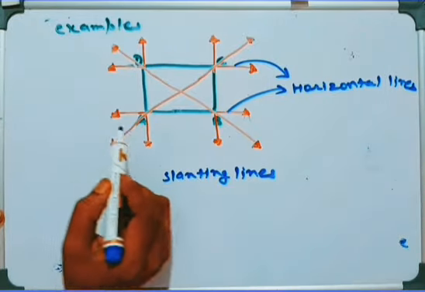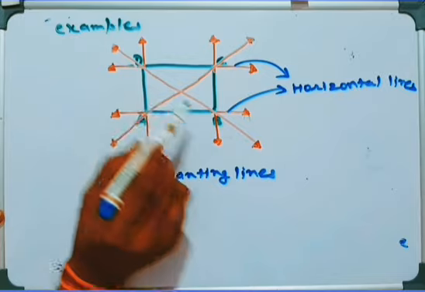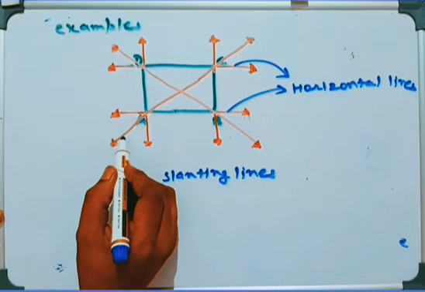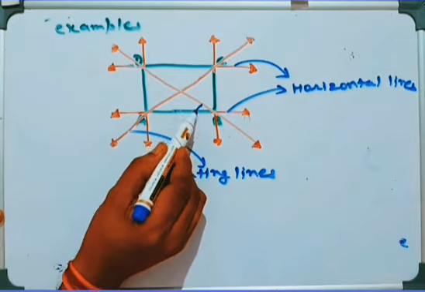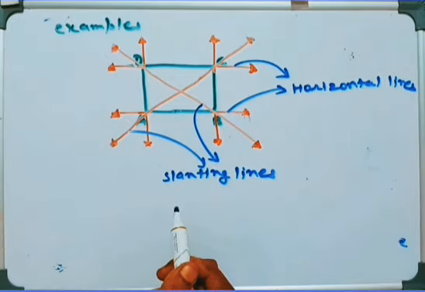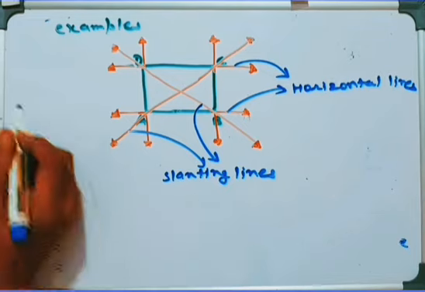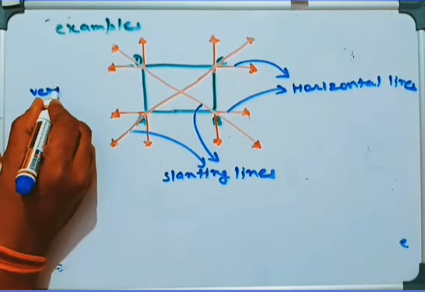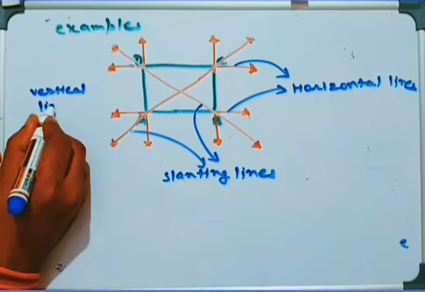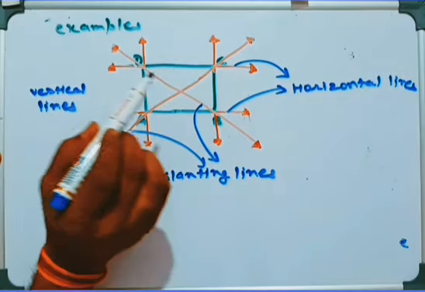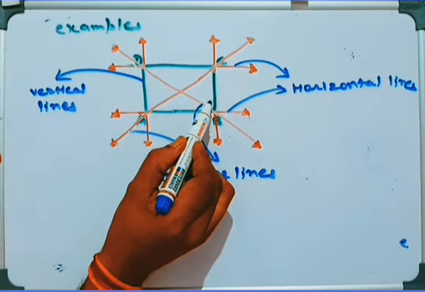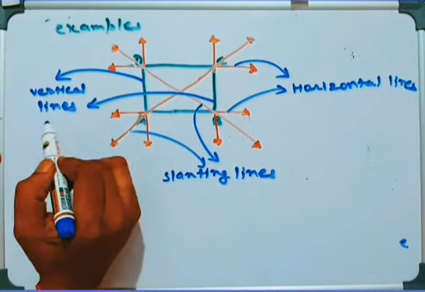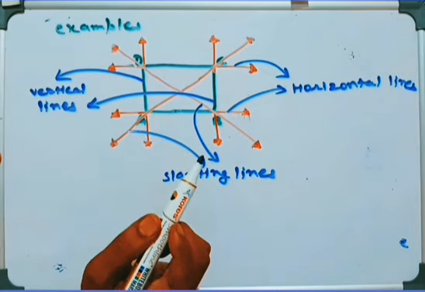See here, AC, BD are slanting lines, or you can say oblique lines. Now next we will see which one is a vertical line. Vertical lines here, AD and BC both are vertical lines.